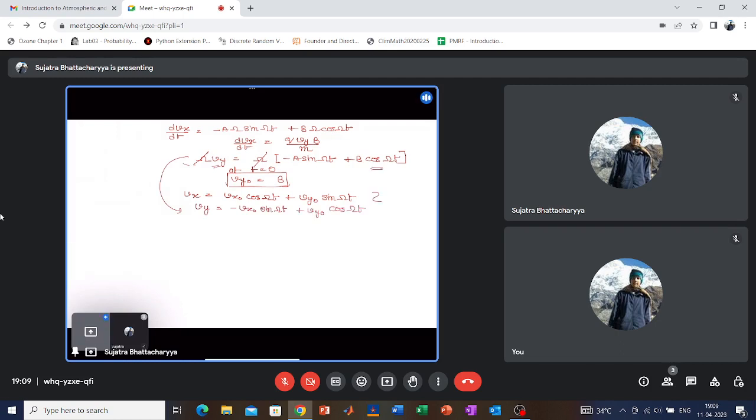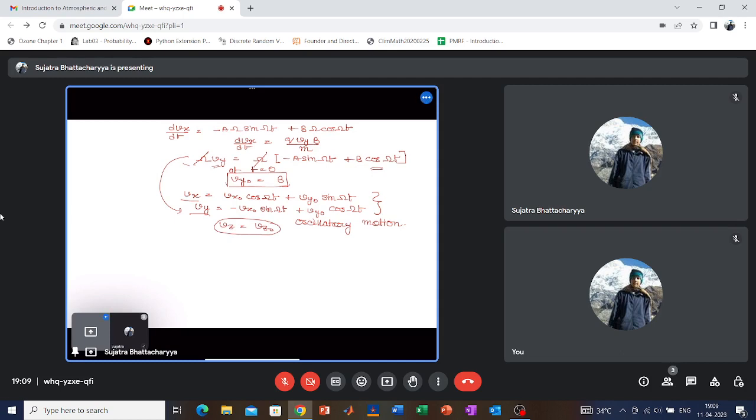So these are the expressions for the Vx and Vy, which is denoting some kind of an oscillatory motion. Okay, and already we have found out that Vz is equal to Vz0. This is constant in the z direction.